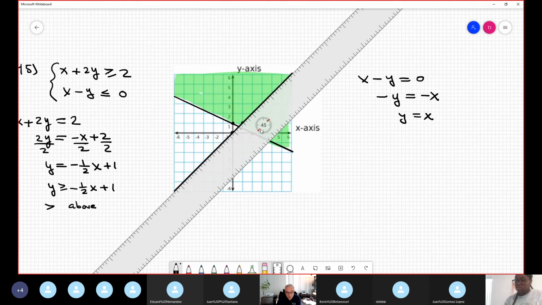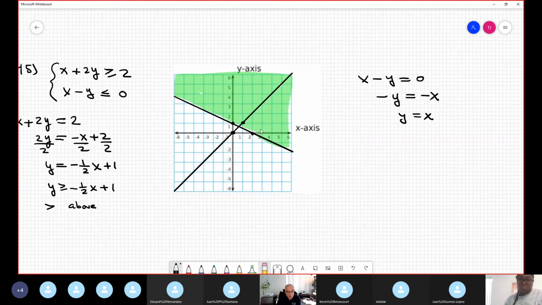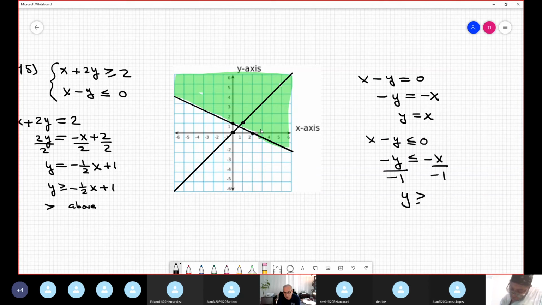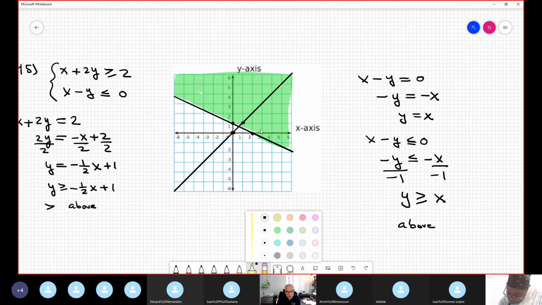Okay, now the challenge is to determine which side. Okay, look. In this case, unfortunately, you divide by -1. So let's do the manipulation now of the inequality alone. It's minus y less than or equal to minus x. I move exactly the same here, but now I divide by -1. Wow, the inequality sign changes. So it's obvious it's above again. Okay, the yellow part is above this line.